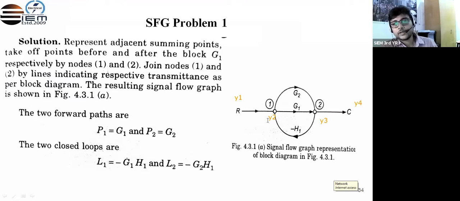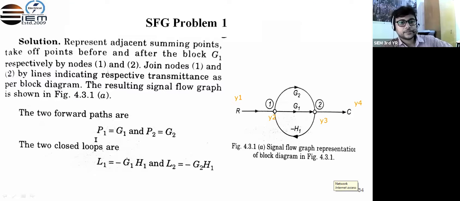Okay. So Y1, Y2, Y3, Y4. So represent the adjacent summing point and takeoff points before and after the block G1 respectively by nodes 1 and 2.